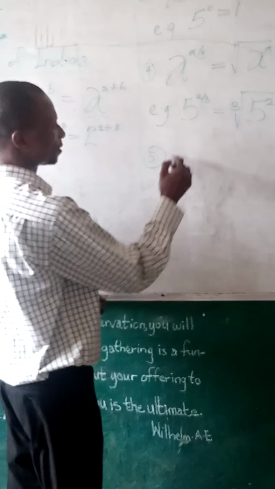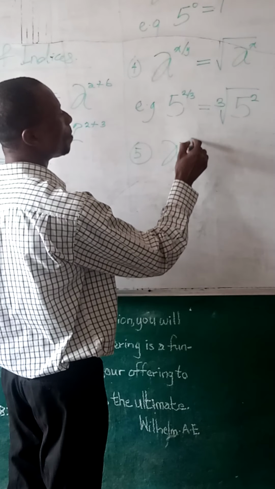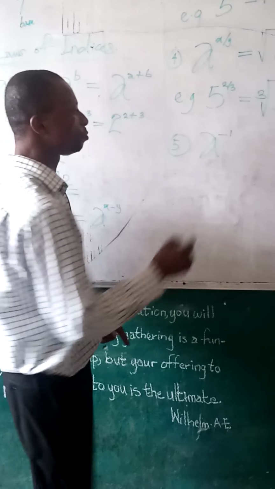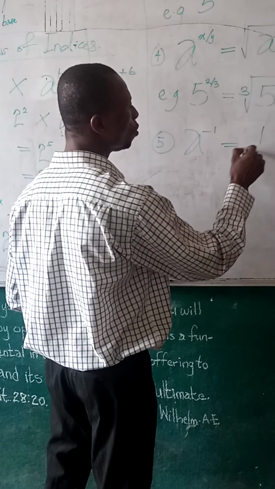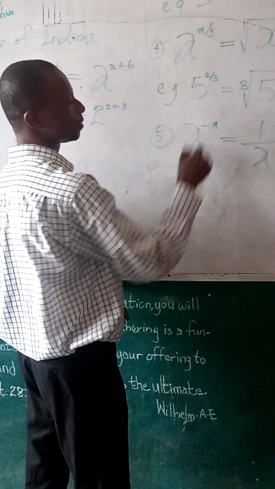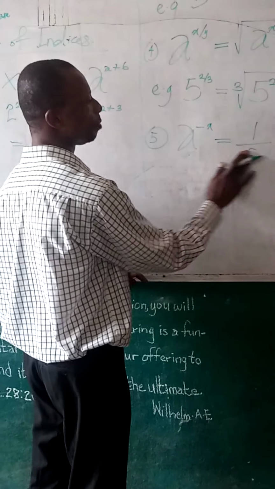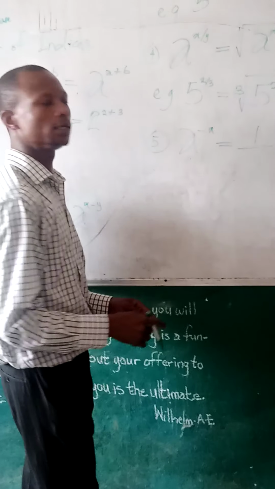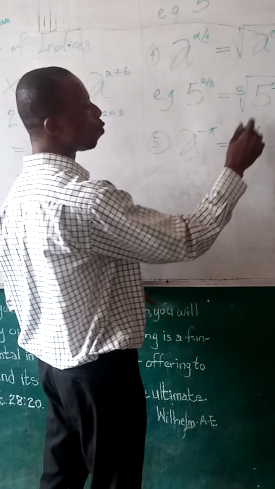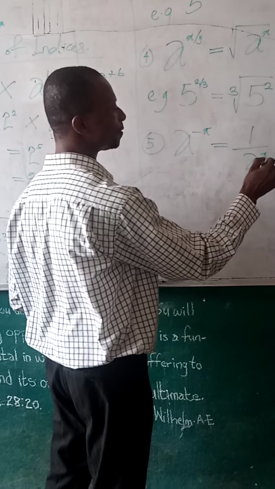The fifth law. The fifth law says if you have a raised to the power minus 1, which is the inverse law, it means 1 over a. Rather, let me use x, because if I put 1, I might not be able to put the 1 back. So I'm saying a raised to the power minus x, so it will be 1 over a raised to the power x.